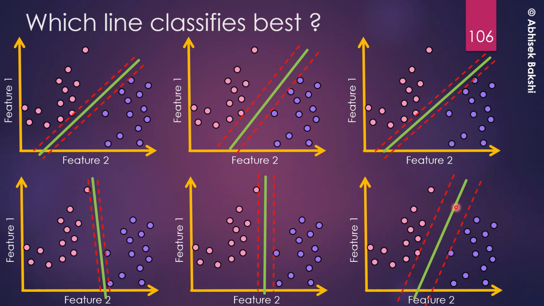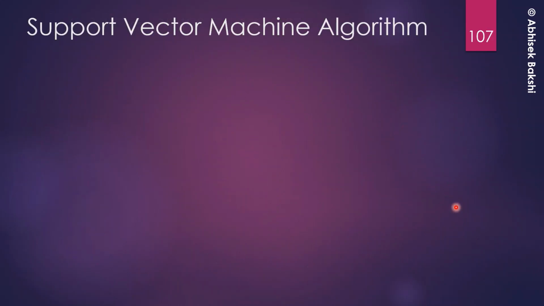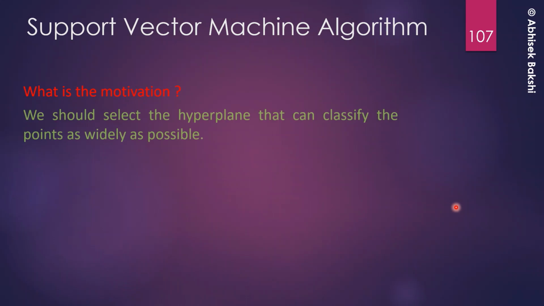And here the importance of SVM comes. SVM means support vector machine. So what basically SVM does, the SVM tries to select that particular hyperplane that can classify the points as widely as possible, and that is what our intention was in the previous slide you have seen, right?